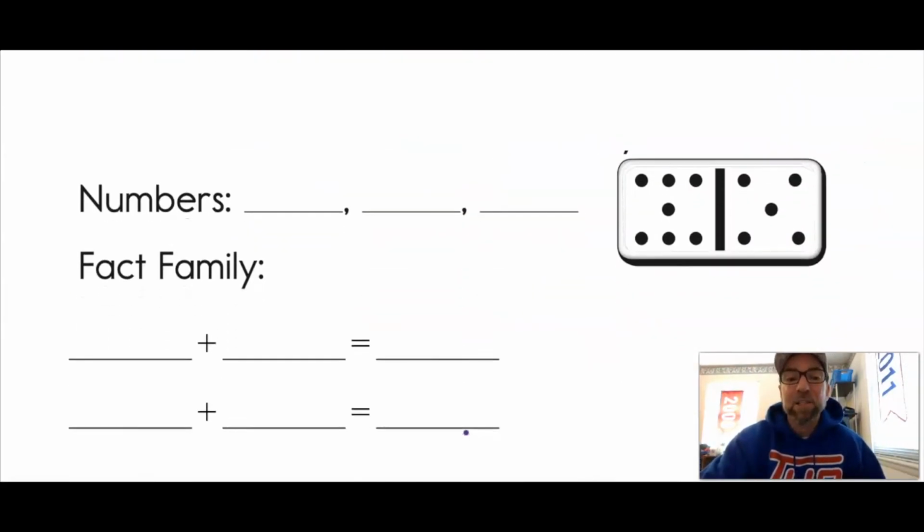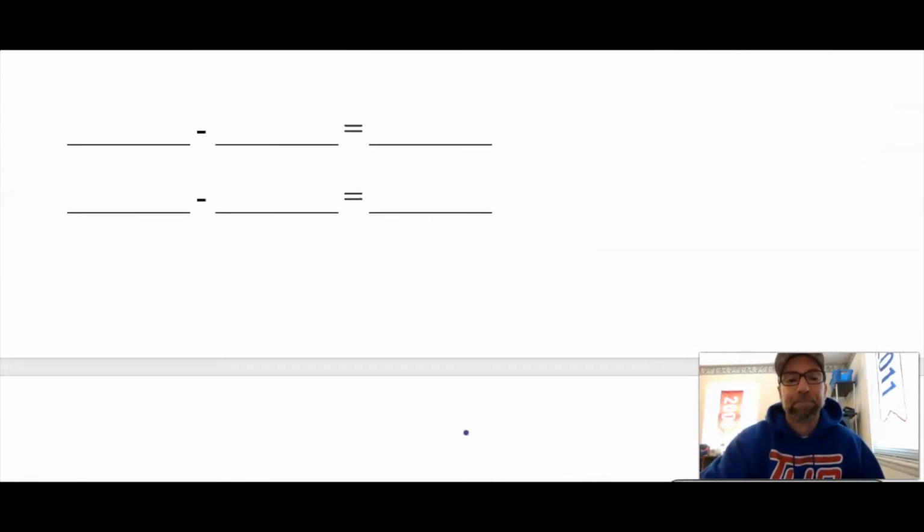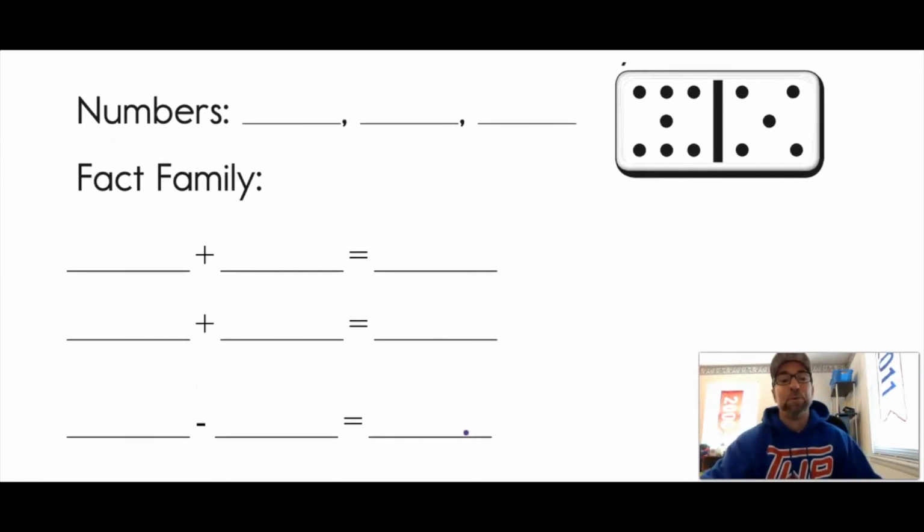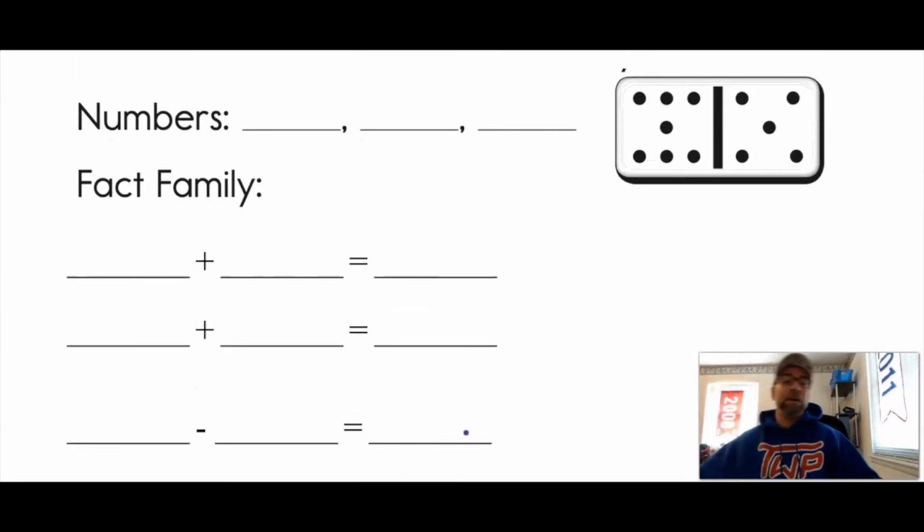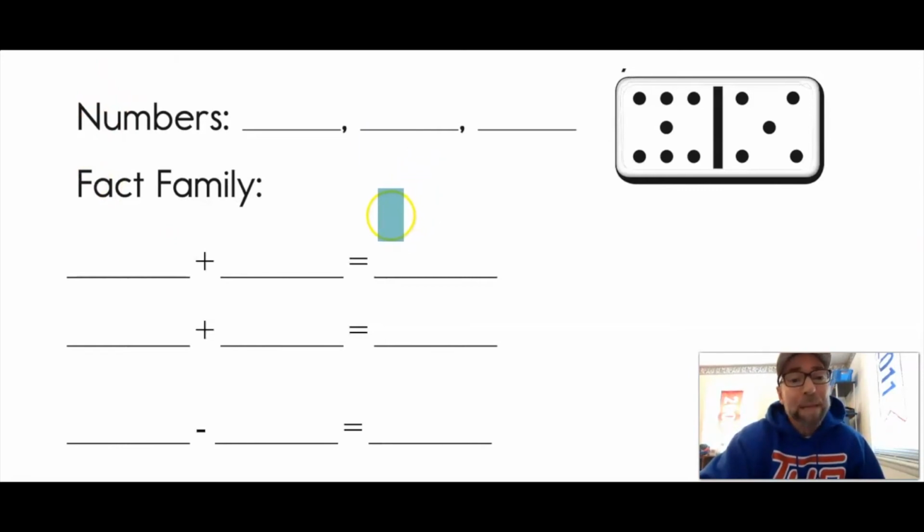All right, let's try another one. I want you to try this one on your own. I want you to count up the number of dots in each part and then find the total number of dots and see if you can come up with the fact family. Remember, in addition, our biggest number comes last.